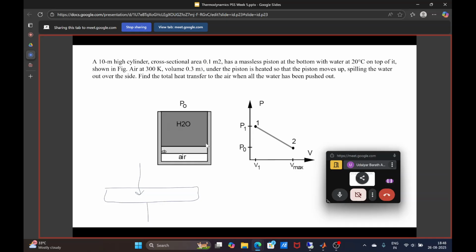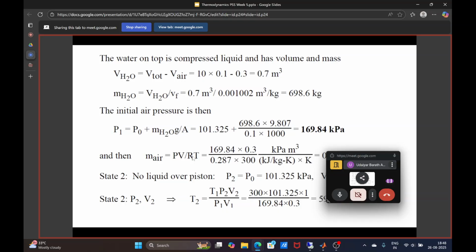So that's the process which is happening. First, we'll find out the volume and the mass of the water which is present over the piston. The water on top is compressed liquid.